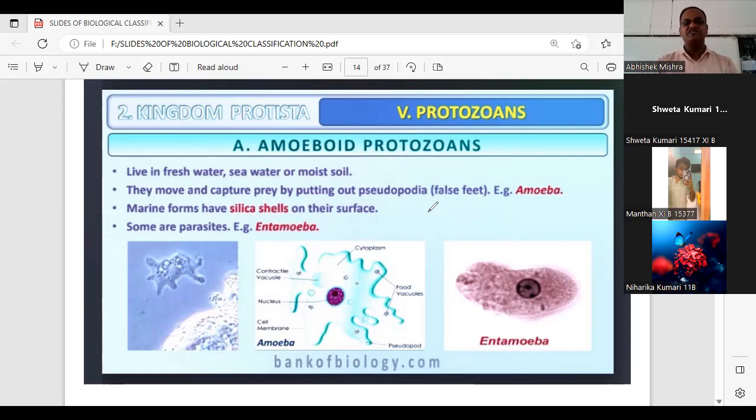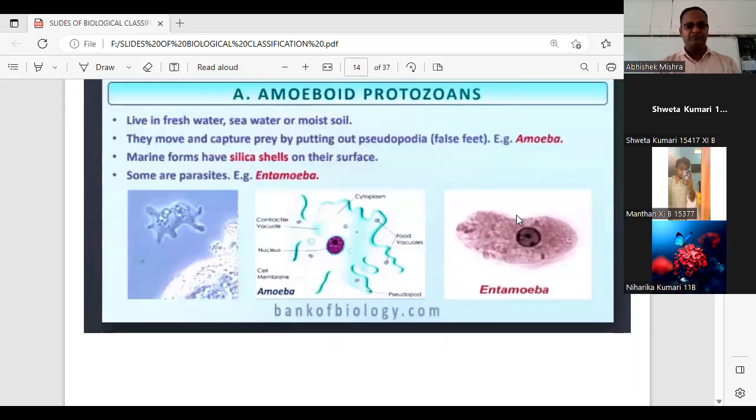Marine forms have silica shells on their surface. Some are parasites also, like Entamoeba. Entamoeba histolytica is the causative agent of amoebic dysentery, and that is why we say they are parasites. They live in the intestine, and when contaminated, the body gets infected. That time it leads to amoebic dysentery.